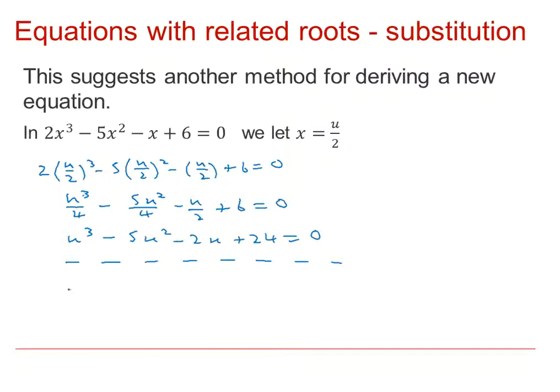So instead of u, we'd call it x. 5u squared becomes 5x squared, minus 2u becomes minus 2x, plus 24 equals 0. So just to note, in that last line we haven't used the original substitution. All we've done there is change the variable from u to x, which is what we would often do at the end of a question.